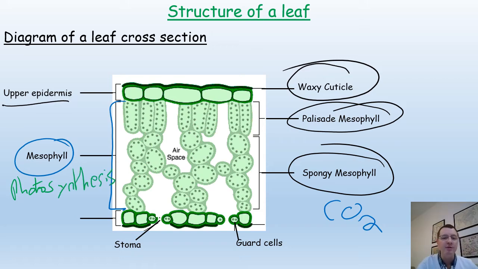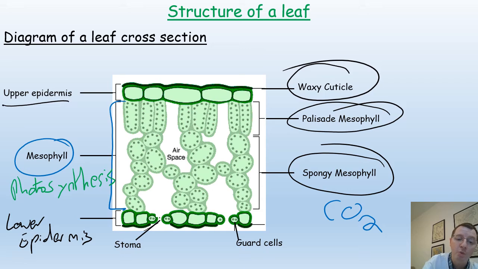At the base of the leaf, in the lower epidermis here, we have two types of cells here. As well as the epidermis cells, we have guard cells, and these guard cells control the opening and closing of these particular gaps, and these gaps are known as the stoma or the stomata.